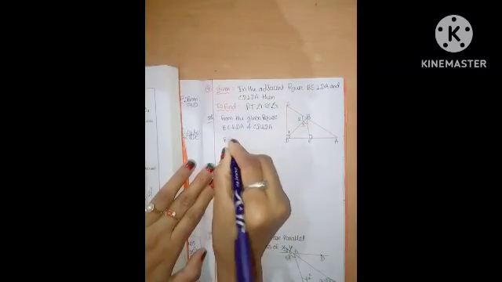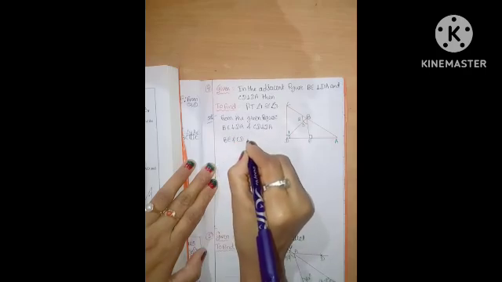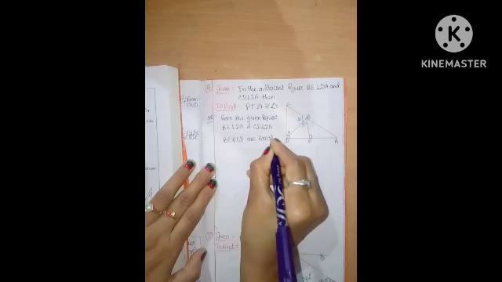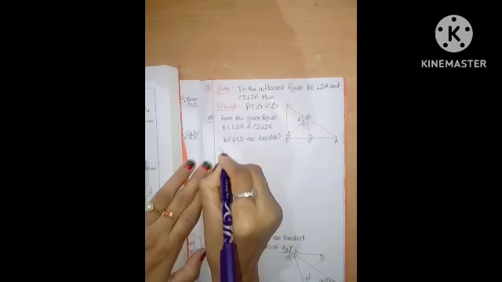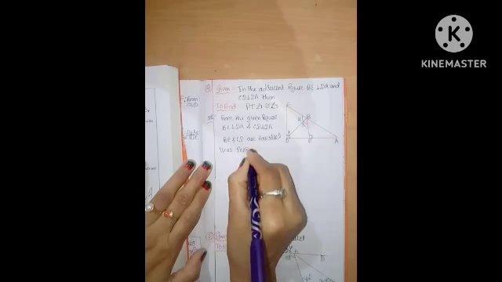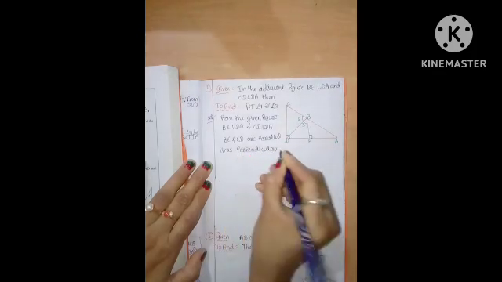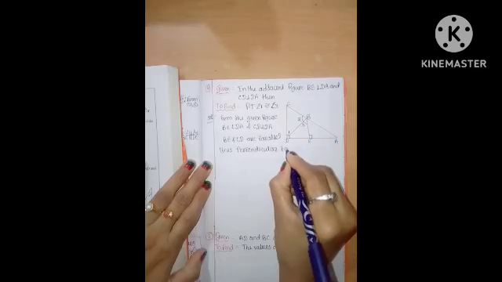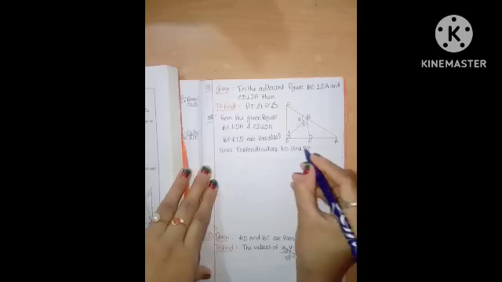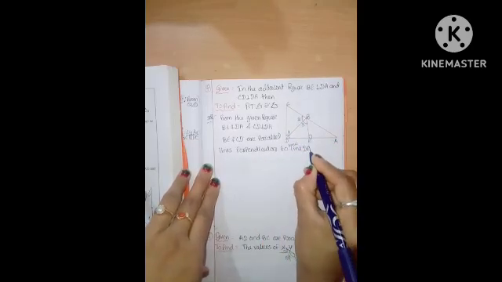BE and CD, these two are parallel lines perpendicular to the same line DA. Same line DA.